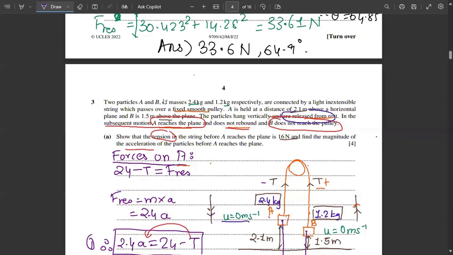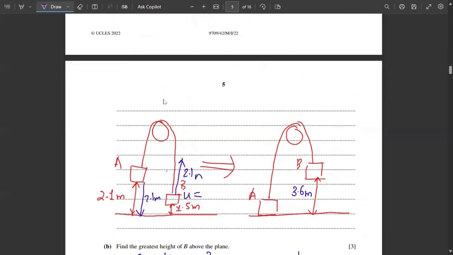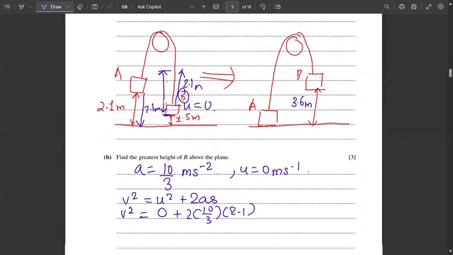So u equals 0. So we can use v square equals u square, where u will be 0, plus 2 times acceleration, which is 10 by 3, times distance traveled, which is 2.1 meter. Because earlier it was 1.5 and then further it went up 2.1 meter. So the total distance traveled by B under this acceleration was 2.1 meter.